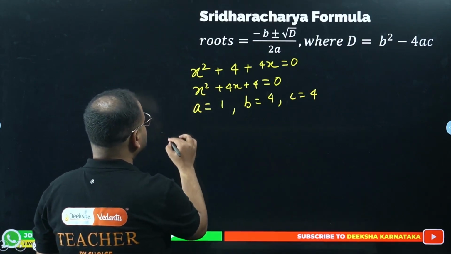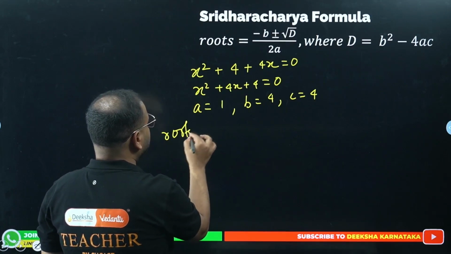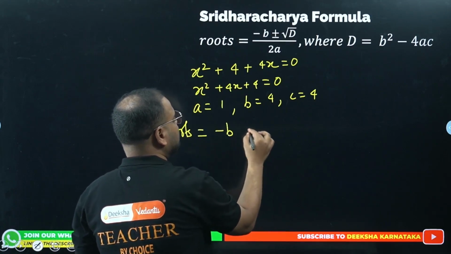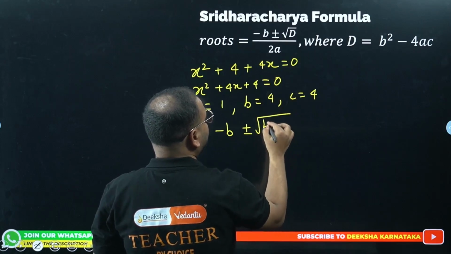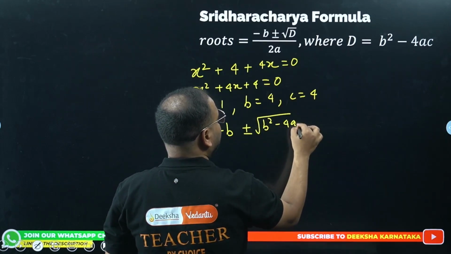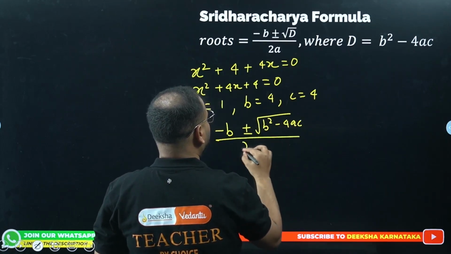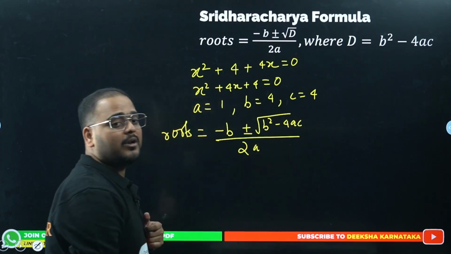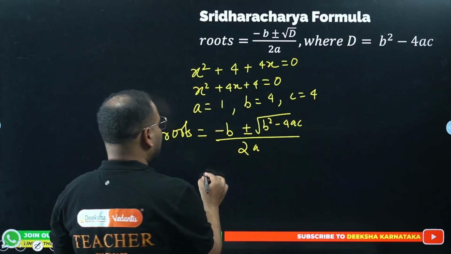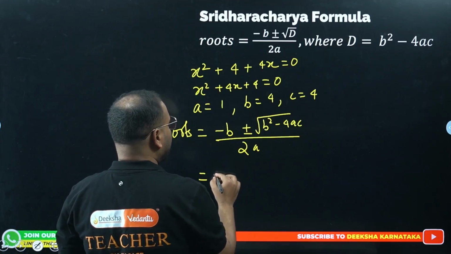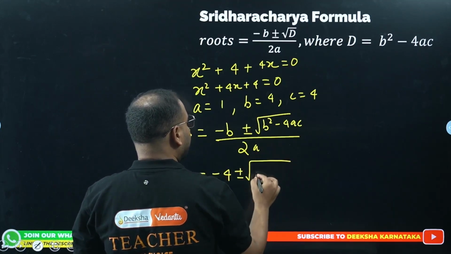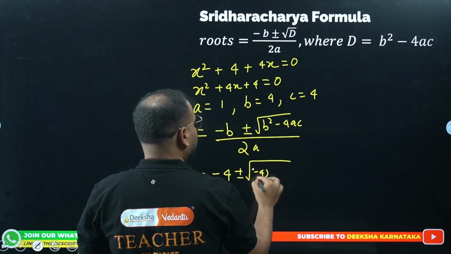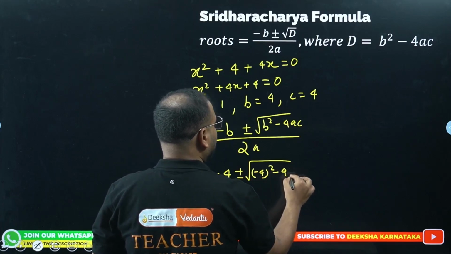The formula says to find the roots, you just go like this: minus b plus minus root d, where root d is root of b square minus 4ac, upon 2a. Put the values here. Minus b will be minus 4 plus minus b square will be minus 4 the square, minus 4 times of 1.